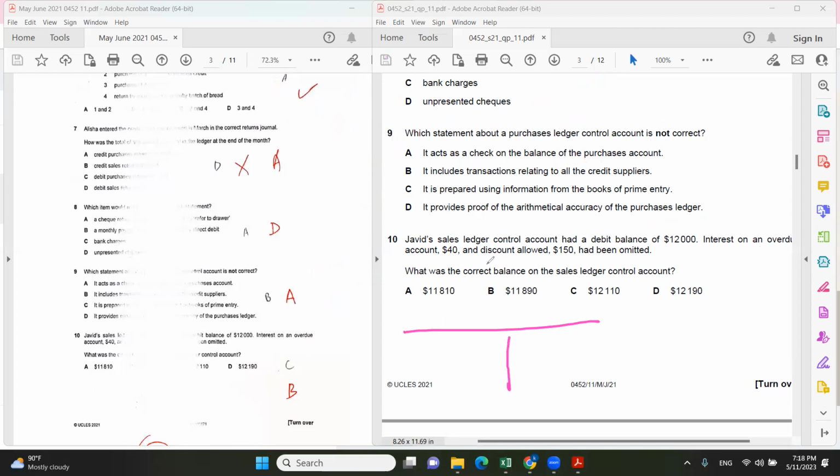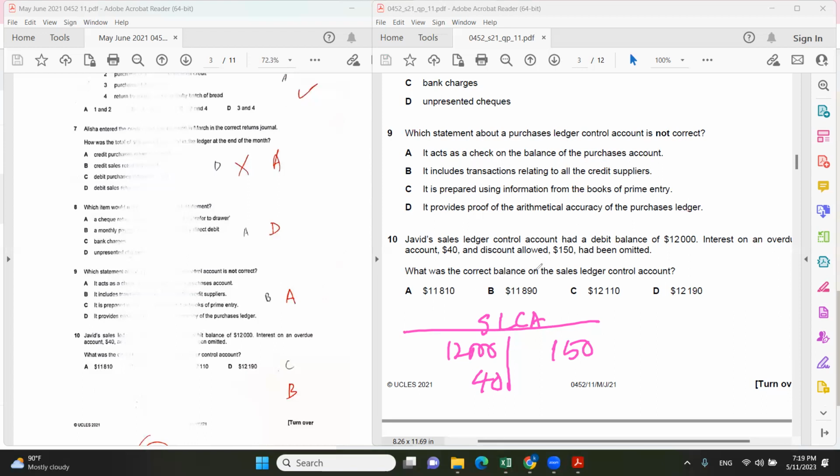The sales ledger control account has a debit balance of 12,000, and interest on the overdue account of 40, and the discount allowed of 150 has been omitted. Interest on overdue means that we have to charge the customer 40. Discount allowed, which we give to the customer, is shown on the credit side.